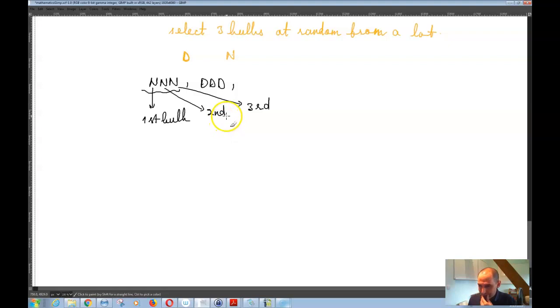So now, to find the sample space for this experiment, I'm trying to find a way to do it.